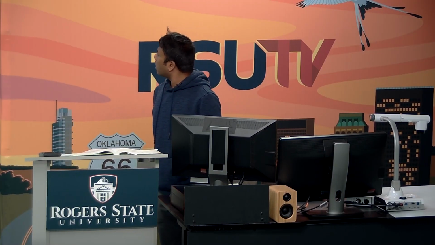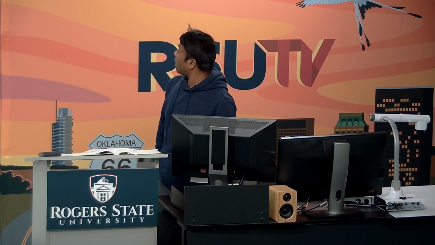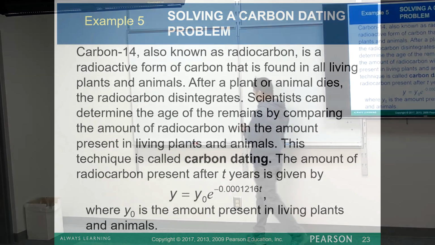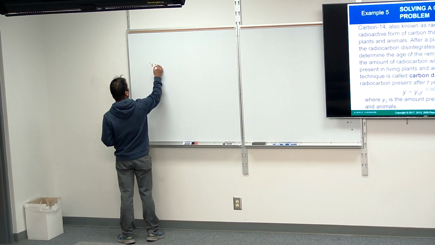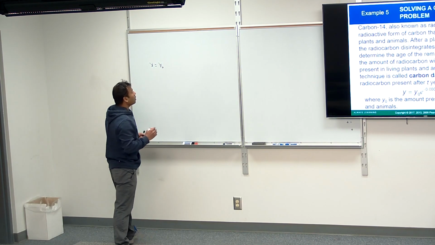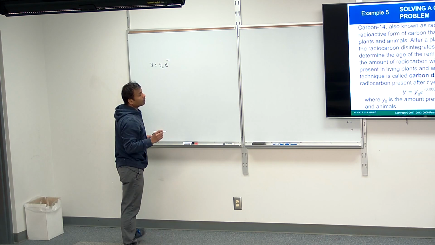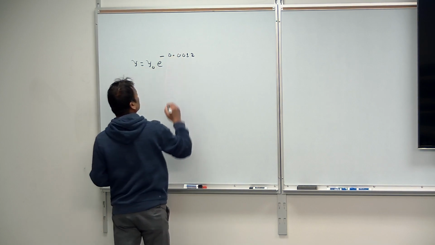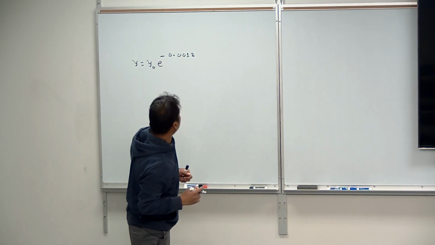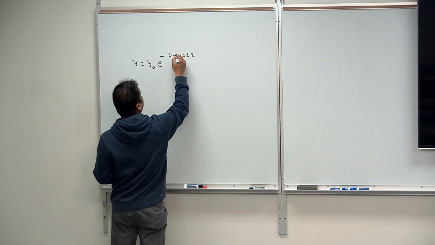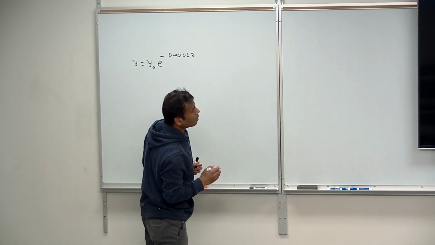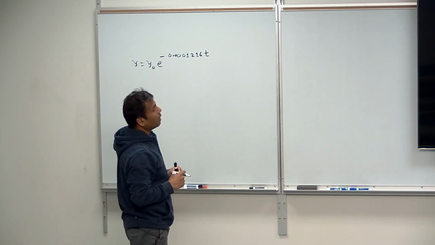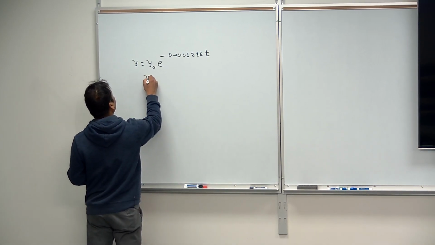So, you see the amount of radiocarbon present after t years is given by y equal to y sub 0 e to the power negative 0.0001216t. So you have a model, and y0 is the initial amount.